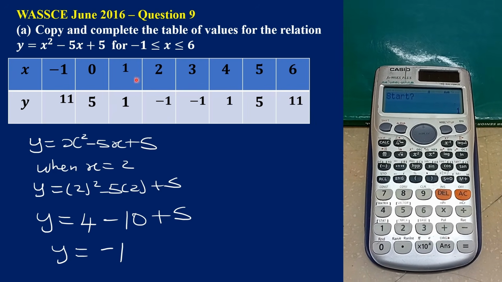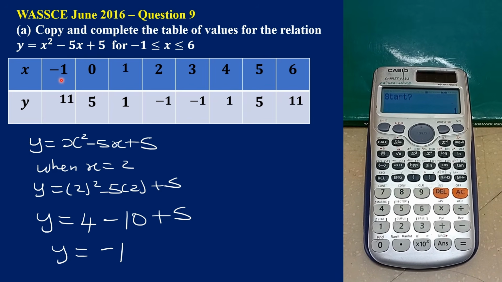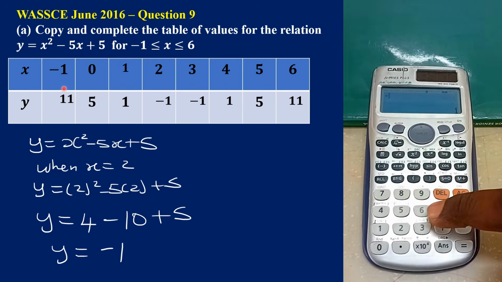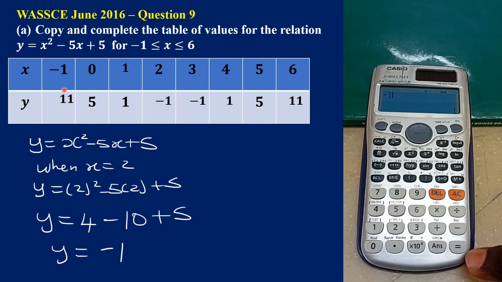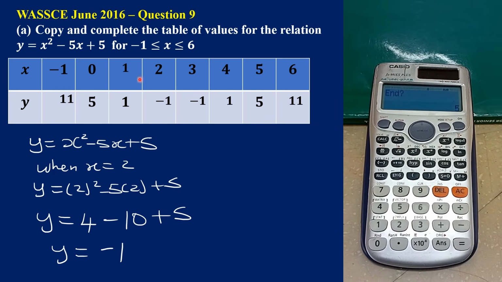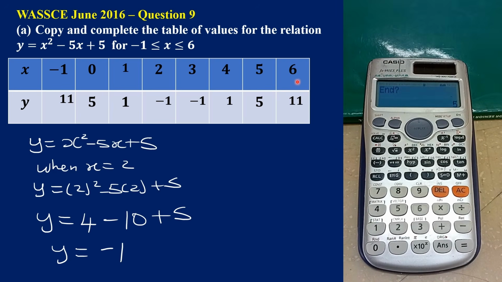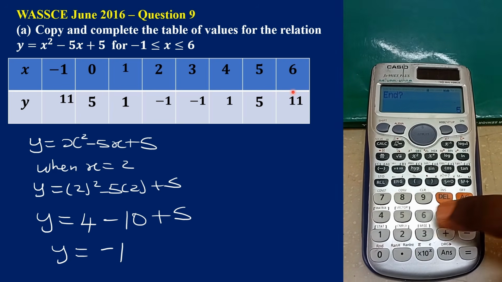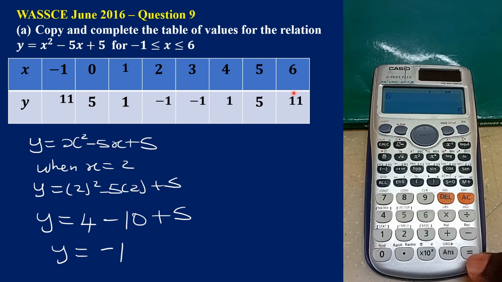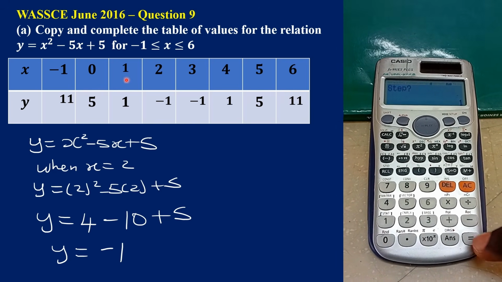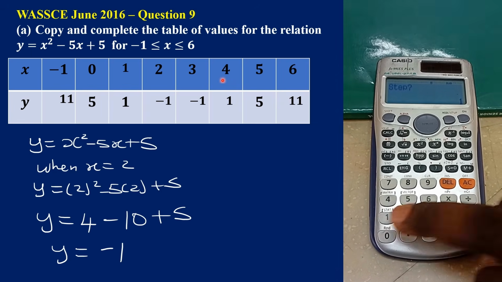Where are you starting from? We'll start from -1. So press -1 and press equal to. Where are we ending? We will end at 6. Press 6, press equal to. And the step means what are the differences between the x values? That's 1.